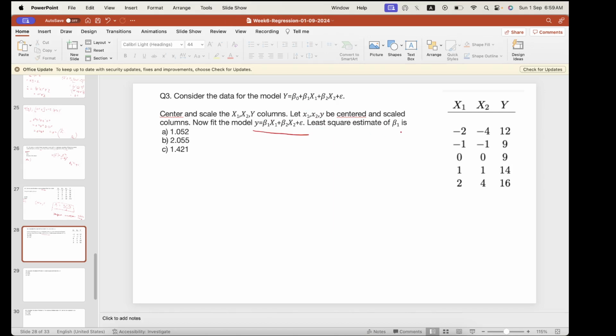What is the least square estimate of beta 1? So let us just try to do this. Here we first find out X1 bar, X2 bar and y bar. Okay, let us find this out first.